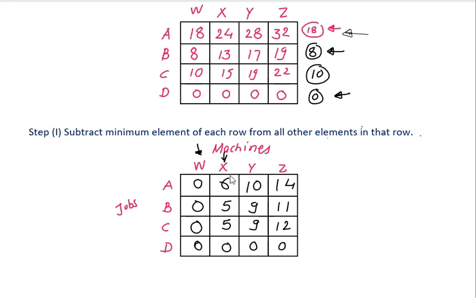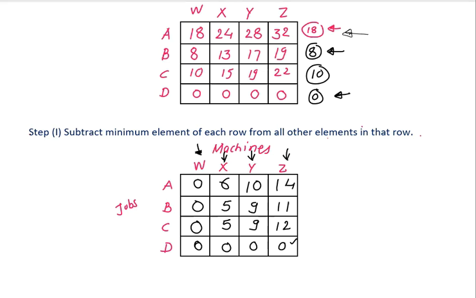Similarly, the second column contains smallest number 0, so it does not change. Column 3, smallest number is 0, no change. Similarly, the fourth column, smallest entry is 0. So the second step will not change the elements.